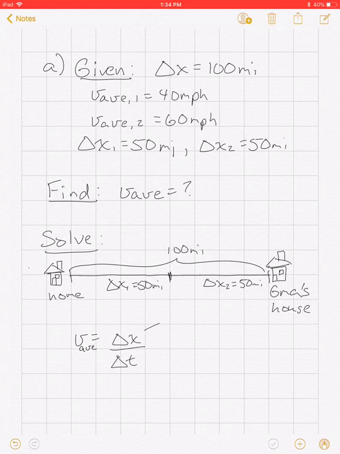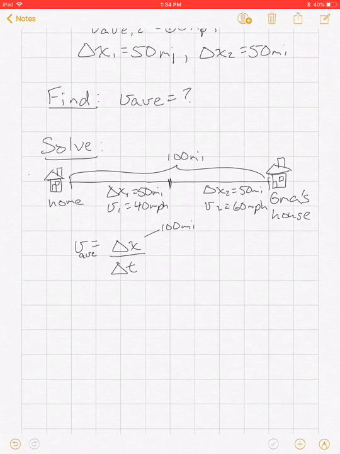The total distance is just going to be our 100 miles, but we don't know how much time she spent in each half. So I'm just going to say that v1 is 40 miles per hour and v2 is going to be 60 miles per hour. We don't know how much time she spent at each half, so we really can't solve this problem quite yet.